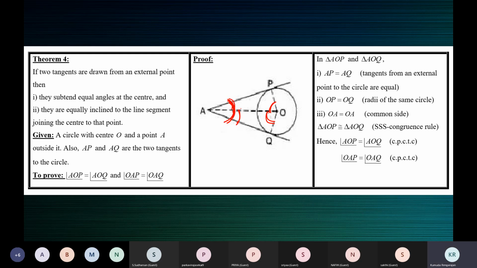So if you know this full thing, divide by 2. If this full thing is 60, it's 30, 30. If this full thing is 120, it's 60, 60.